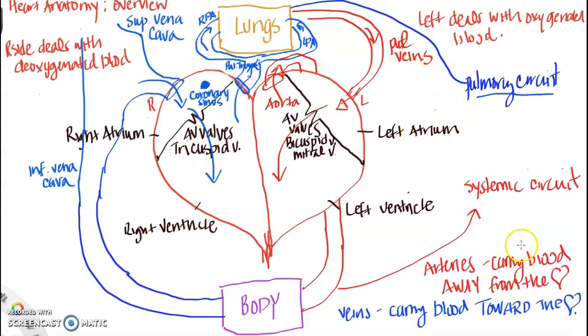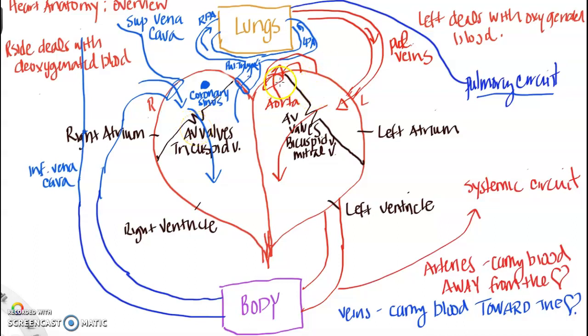Okay, the systemic circuit is what you would think of. The arteries carry oxygenated and the veins carry deoxygenated blood. So you should be able to follow a drop of blood through this entire system. And it only goes in one direction. If we have backwards flow of blood, that's a bad thing.